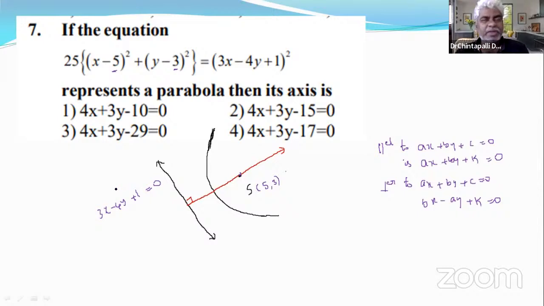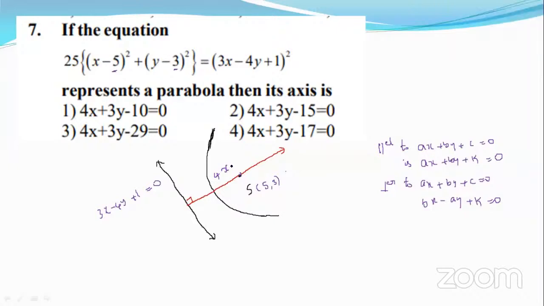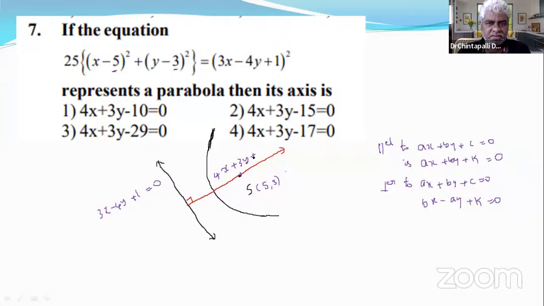One point you must keep in your mind is that the axis is perpendicular to the directrix. Directrix perpendicular to axis, axis perpendicular to directrix. That's the main thing. Since this axis, that is the red line, is perpendicular to 3x minus 4y plus 1 is equal to 0, the equation of this red line can be taken as 4x plus 3y plus c equals 0.